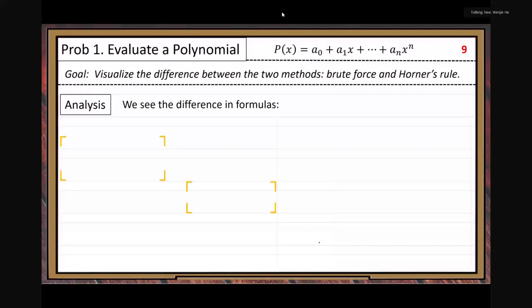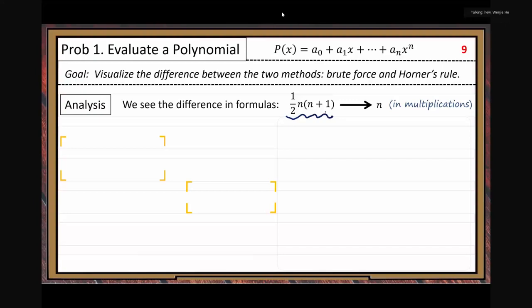Let's compare the formula difference. Before the improvement, the number of multiplications is this number, 1/2 times n times (n minus 1), copied from our previous slides. After the improvement, factorization, Horner's rule, we get n multiplications.